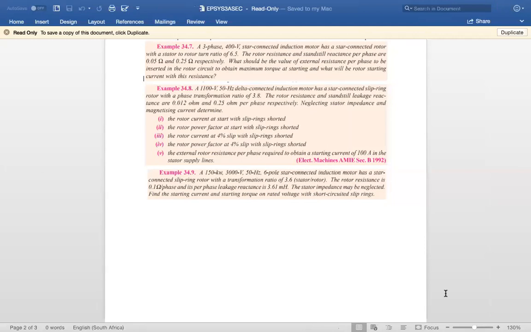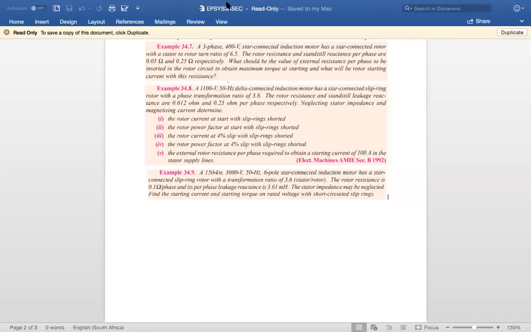Neglect stator impedance and magnetizing current, and determine the rotor current at the start with the slip ring short-circuited, rotor power factor at start, and the rotor current at 4% slip, and rotor power factor. And then the external resistance per phase required to obtain a starting current of 100 amp in the stator supply.